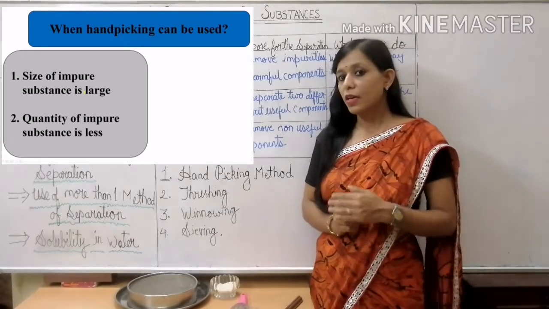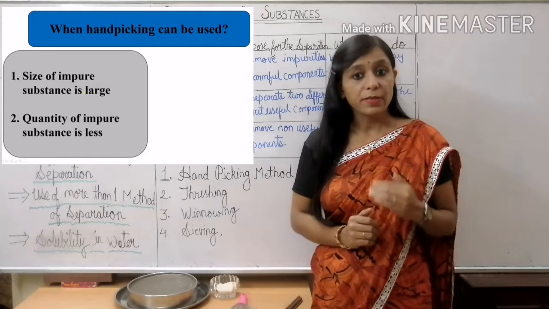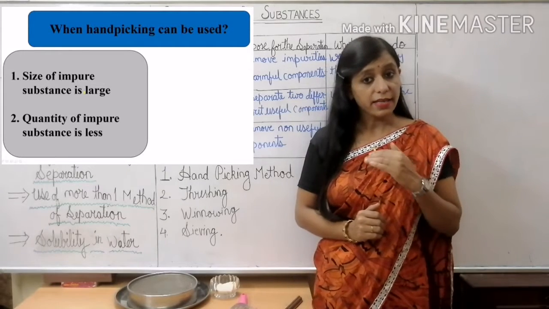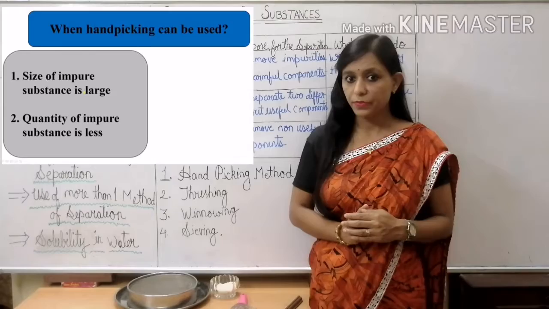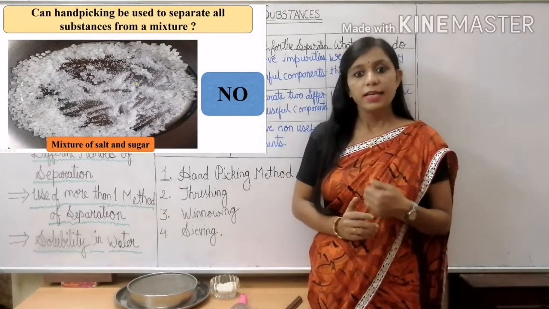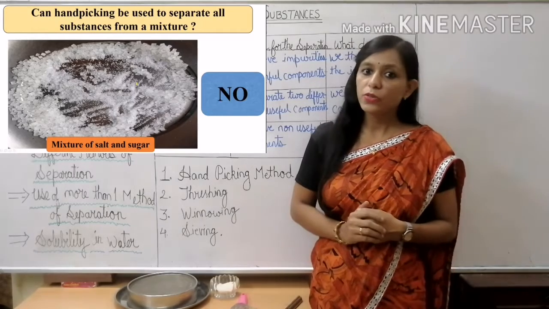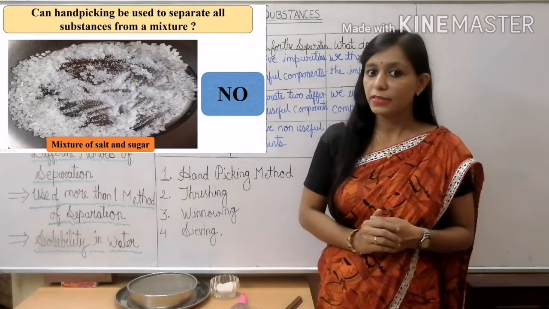Second condition is quantity of impure substances is less. So in the mixture of salt and sugar, size of both components is small, so we cannot use hand picking method to separate it.